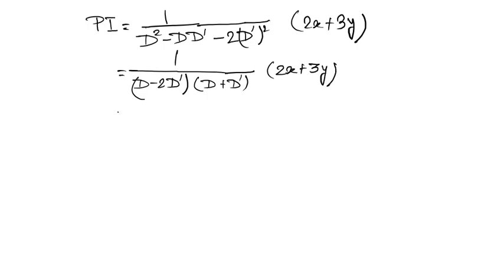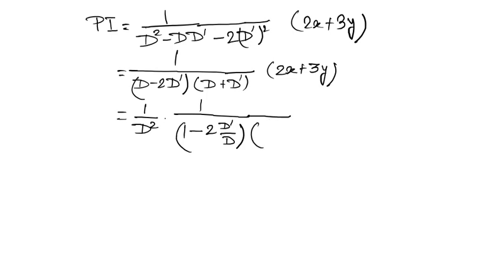Now you take D common from each factor, so you will be having 1 by D square into 1 minus 2 into D dash by D into 1 plus D dash by D into 2x plus 3y.